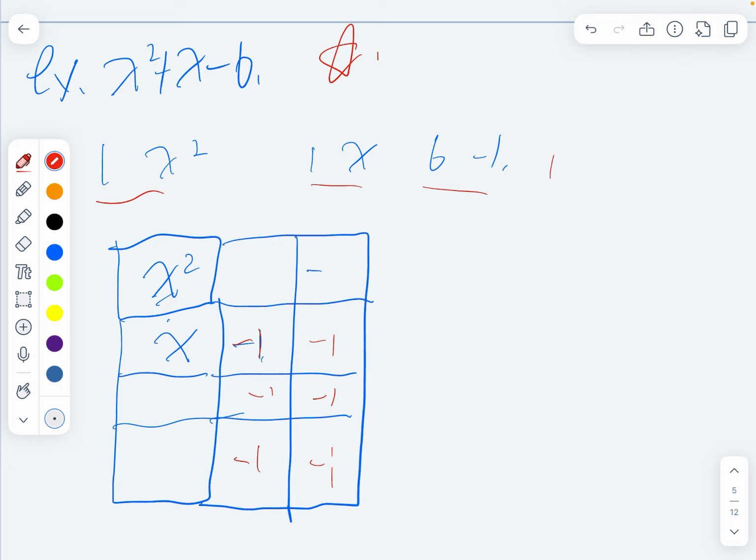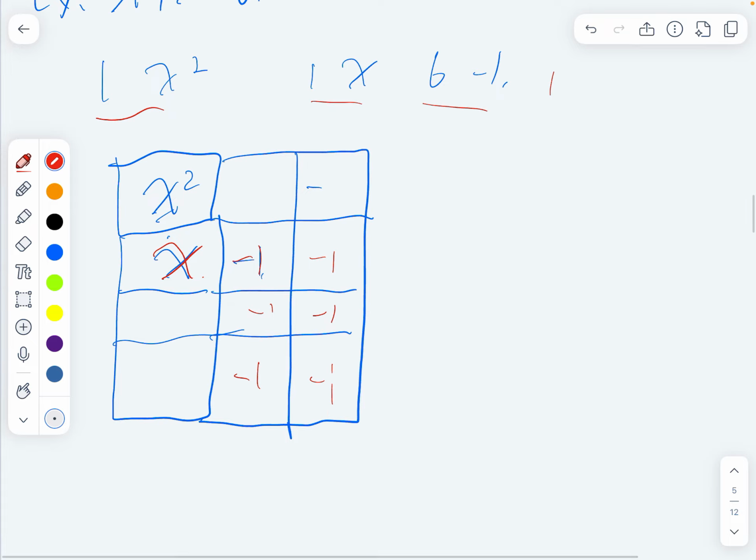For the second term we only have one x, so first we write the x here. Now we need to make sure the rectangle is complete, so we need to add 2x.